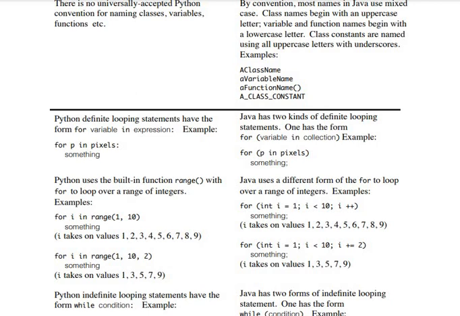If I have a method of two words, the first letter of the second word must be a capital letter. If I have three words, the first letter of the second word and the first letter of the third word must be capital in case of methods. If I have one word with the first letter capital, it indicates a class name.